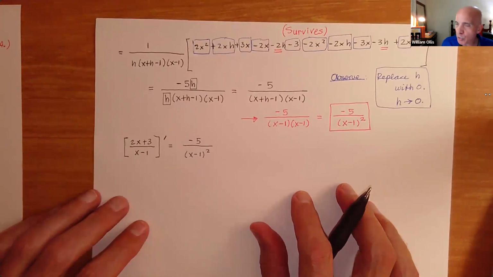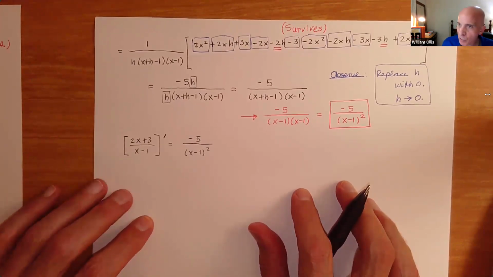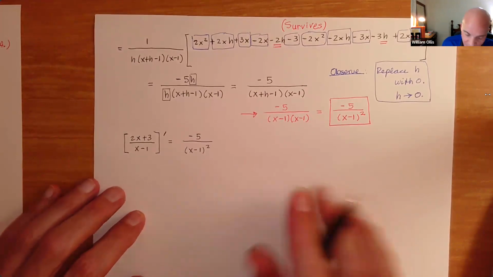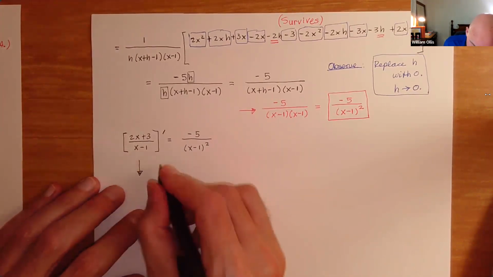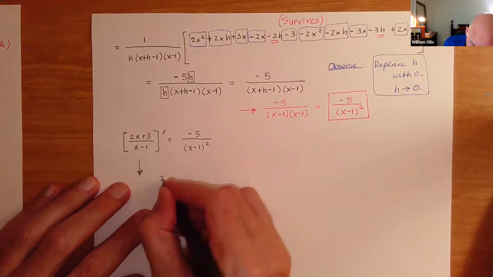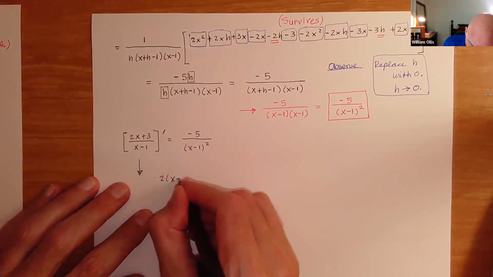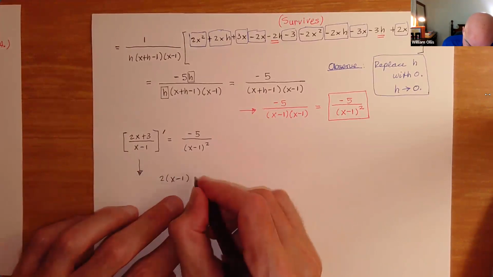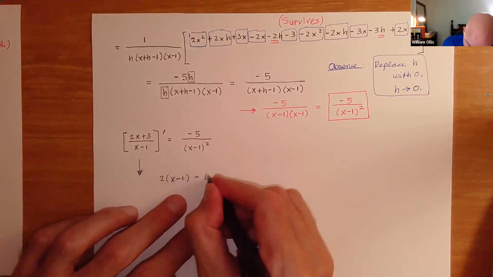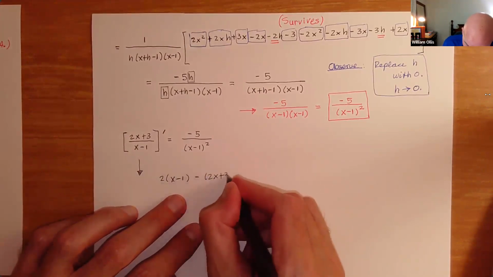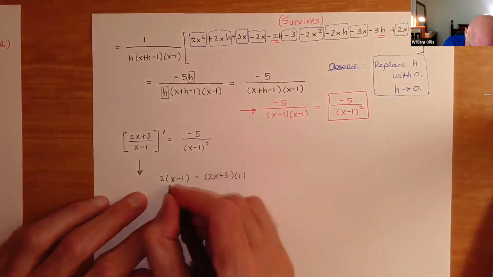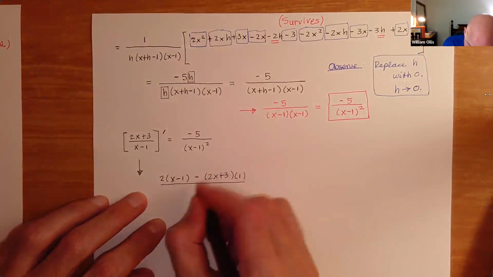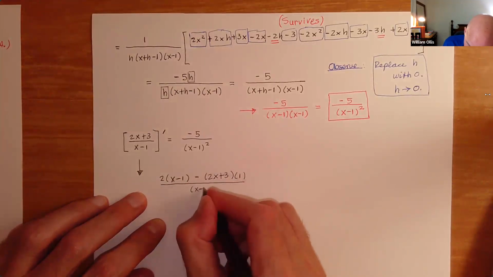And let me just show you some algebra. I'm not going to tell you what I'm going to do. I'm just going to show you some algebra. So here, this is going to tell me to do this. I'm going to write some algebra down. I'm going to have a 2 times an x minus 1. And then I'm going to have a minus 2x plus 3 times a 1. And then downstairs, I'm just going to square the denominator.